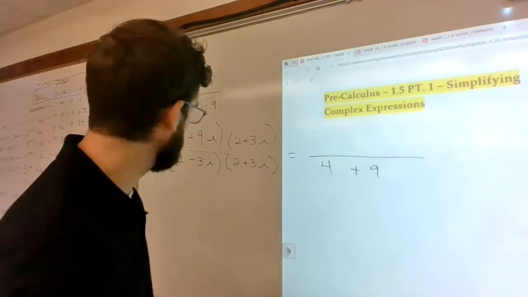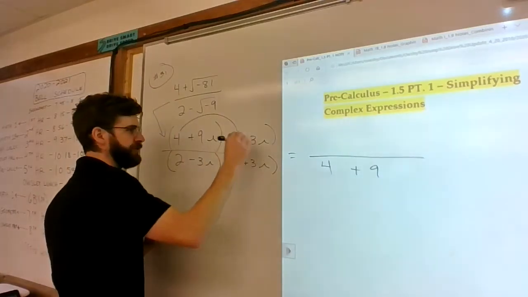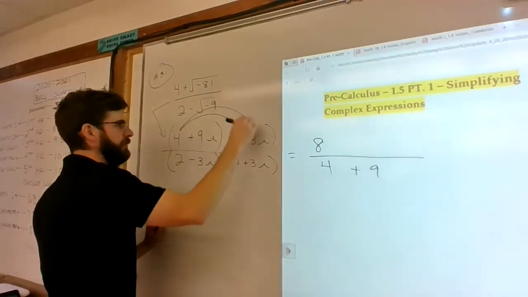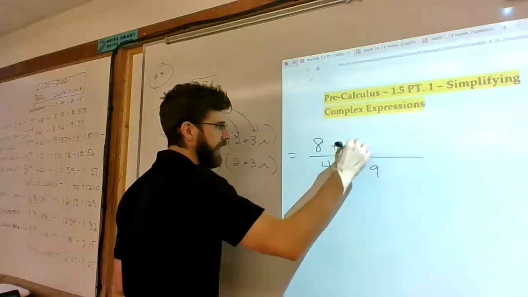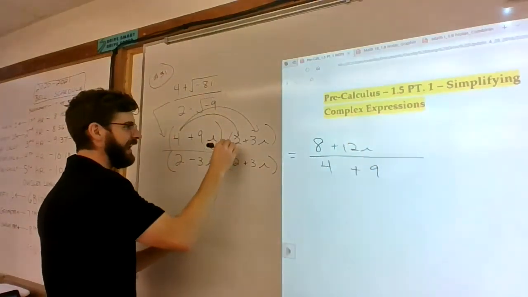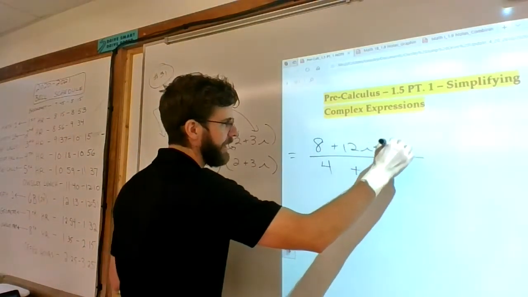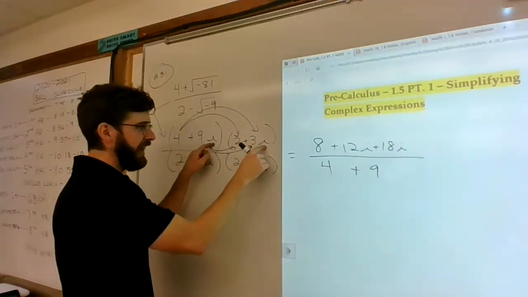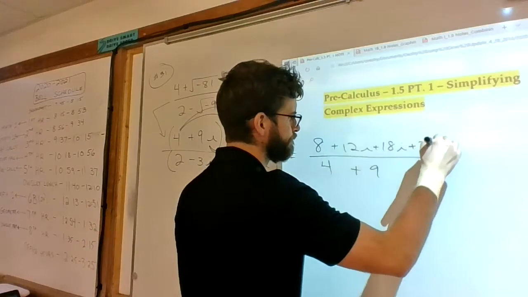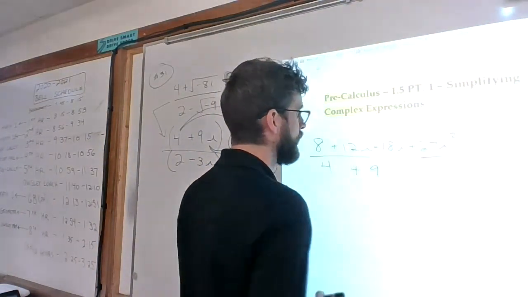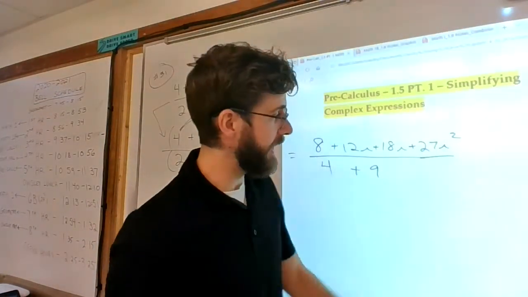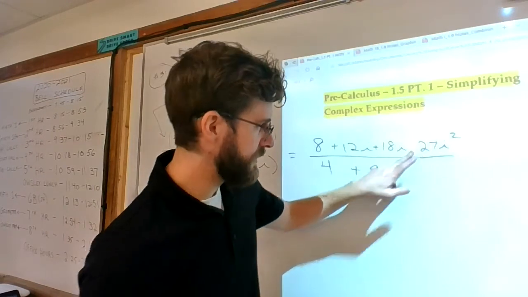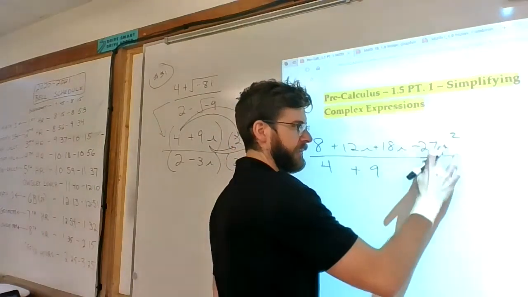Save some space, right? So then you got 4 times 2 is 8. 4 times 3i is 12i. 9i times 2 is plus 18i. And then 9i times 3i is 27i squared. Or I can say it's a negative 27.